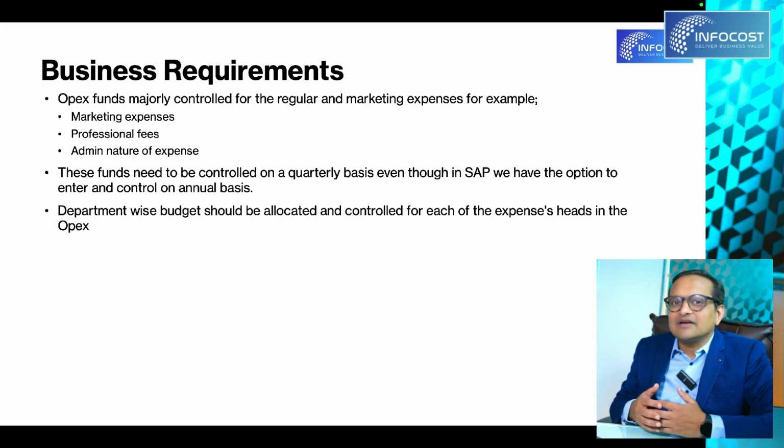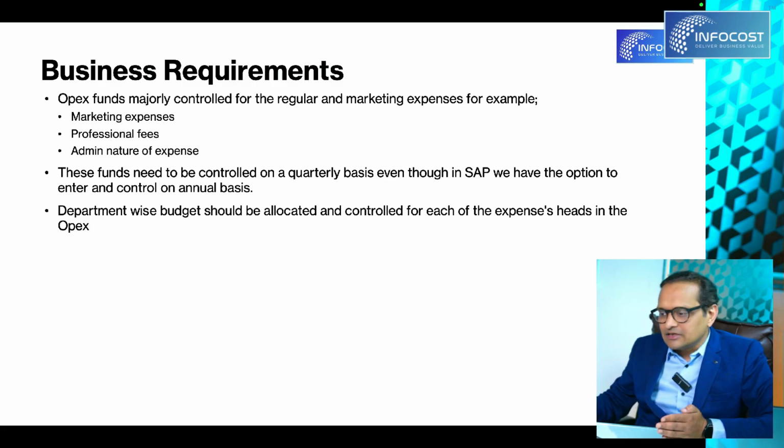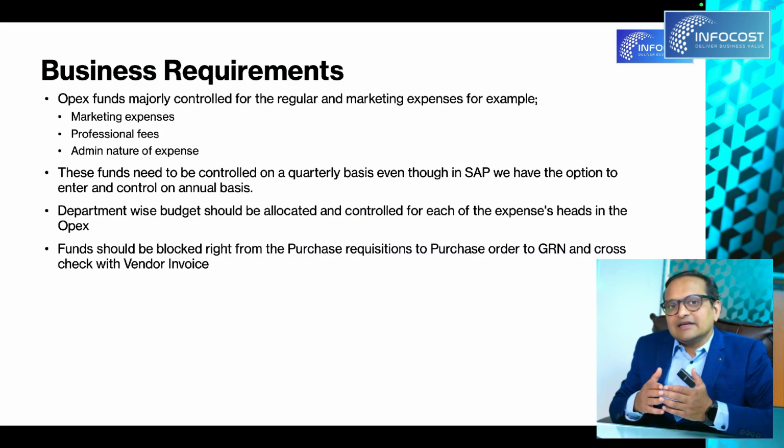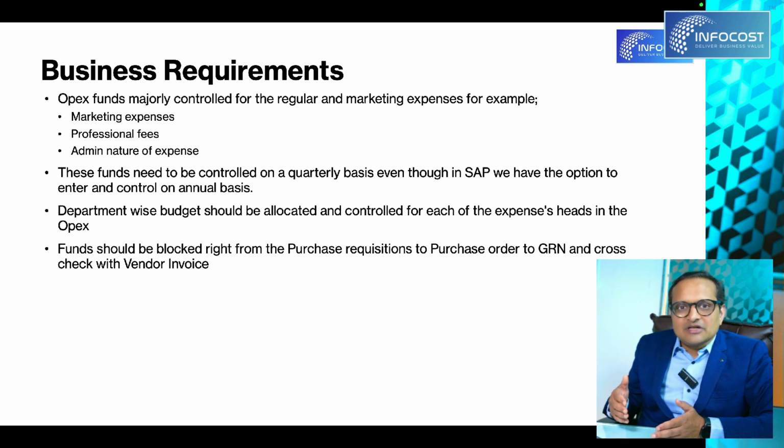These are the different fund centers under which we can allocate the budget and monitor the budget tracking according to the head of expenditure. For example, under the finance department the head of expenditure can be professional fees, audit fees, and so on and so forth. These are the heads of expenditure under which we can control and enter our budget.